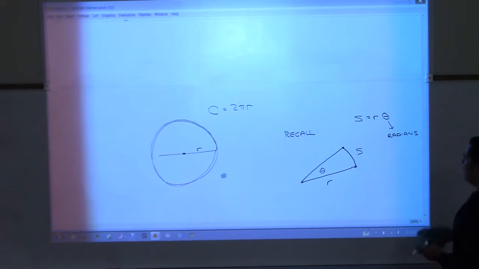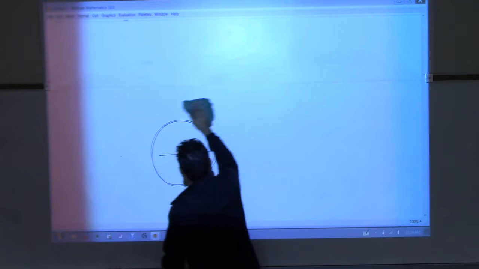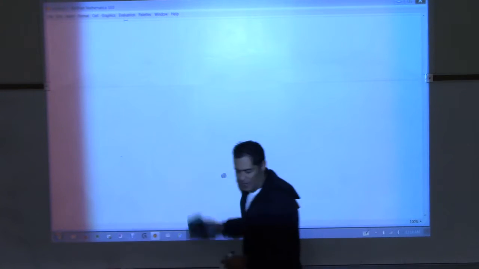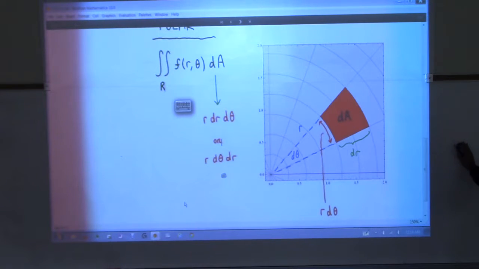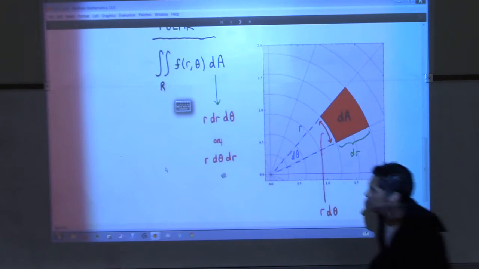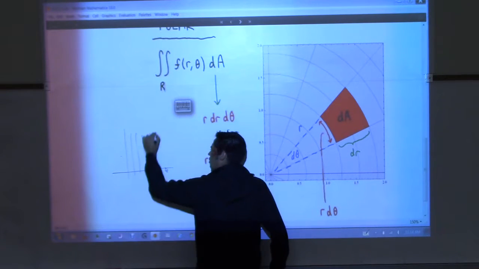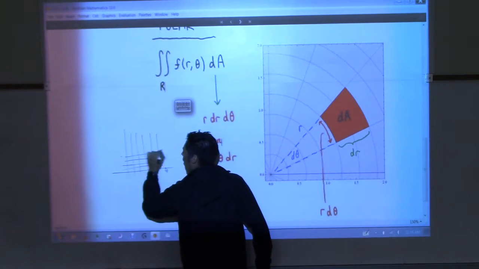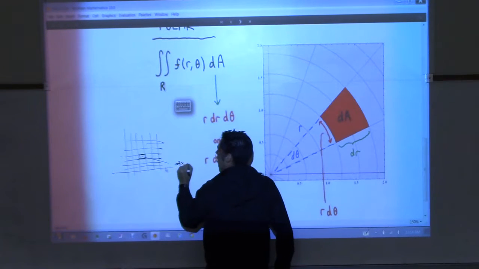All right, we need that because our goal right now is to figure out what the little area of our infinitesimal region on the ground is going to look like. I'll do my best to show it to you. Imagine, just like we did with the Cartesian, if you cut up the Cartesian into a bunch of little infinitesimal squares, that's where we got the little dx dy, right?